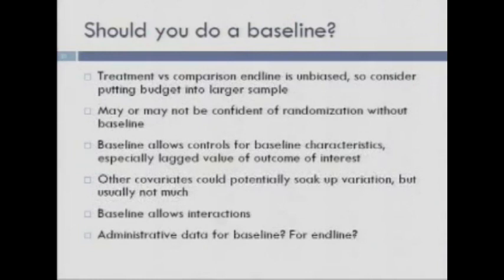Now, that's something that we need to do when you're doing natural experiments. You have to establish that. If you're doing a randomized experiment, it's at least worth considering whether you need to do a baseline and to show that. I think this is something that's worth thinking about in the particular context.